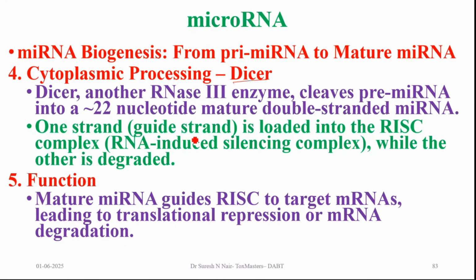And what happens is that the pre-miRNA is actually a double-stranded RNA. This double-stranded RNA itself has complementary strands, so it cannot attach to anything else. So inside the cytoplasm, the guide strand is separated from the other one, and this guide strand will combine with another substance in the cytoplasm which is known as RISC, or the RNA-induced silencing complex.